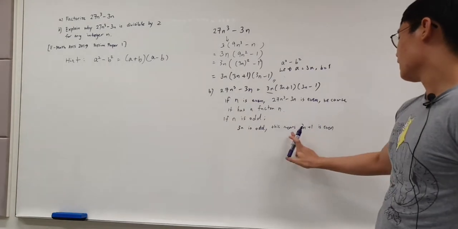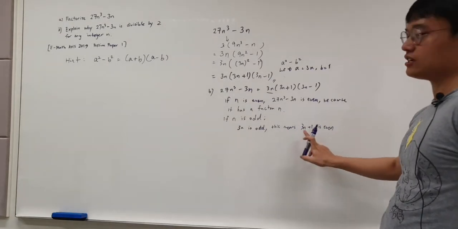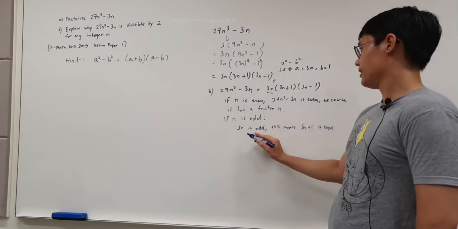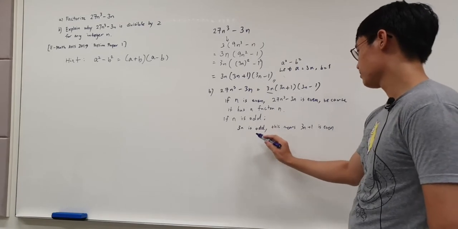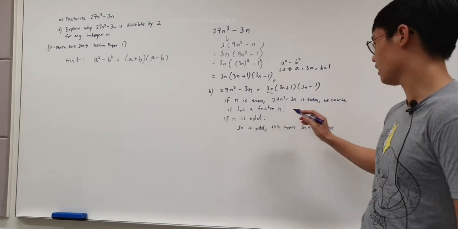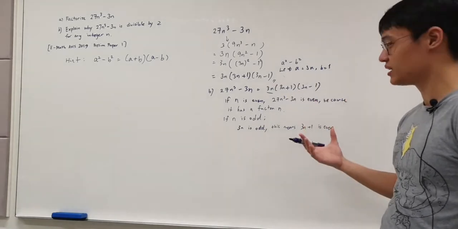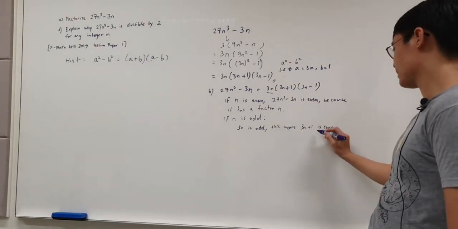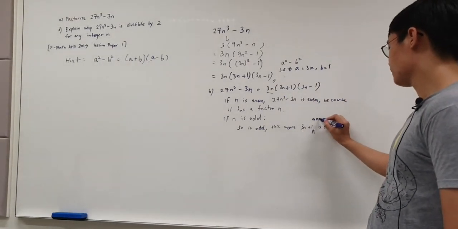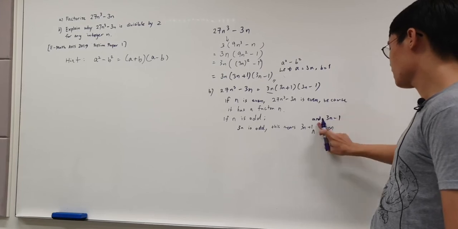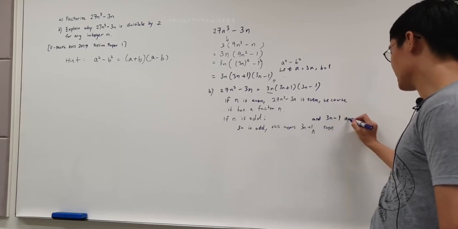So 3n plus 1 is even, and there's also one more number that is even, which is 3n minus 1. So they are both even.